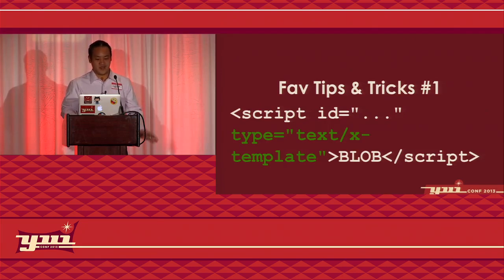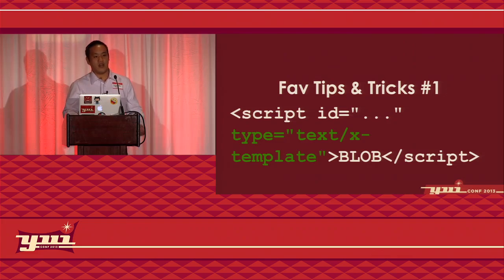So since we're not able to share our modules just yet, we just wanted to share some of our favorite tips and tricks that you may or may not know about. Using a script tag with a content type that the browser won't parse is a great way for stashing arbitrary content in there.